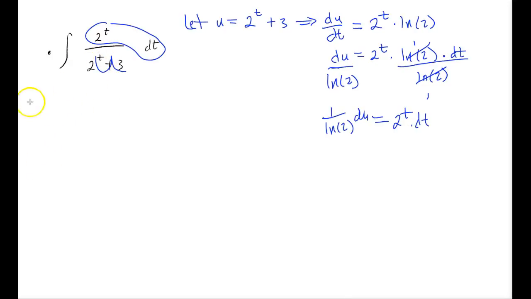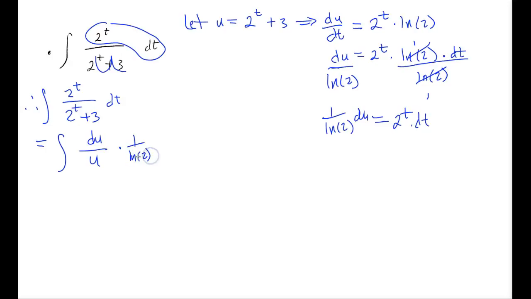So now when we come up here, we see that the integral of 2 raised to the t over 2 raised to the t plus 3 dt is just going to equal the integral of u in the denominator, and of course this would be du, and this would be times some constant 1 over natural log of 2.